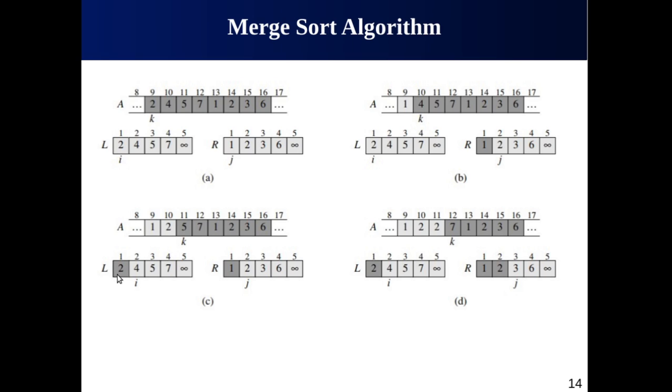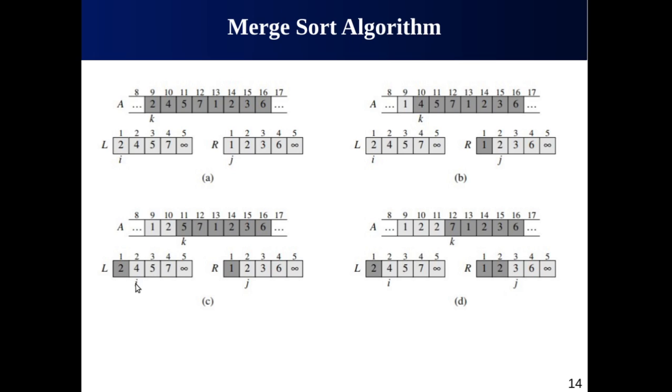So you have to move it to the kth location, and then again you need to do two things: increment k by 1, and now you have to increment i by 1. So what does it mean? It means that once you remove an element from the left array, you have to increment the i. Once you remove an element from the right sub-array, you have to increment the j counter.